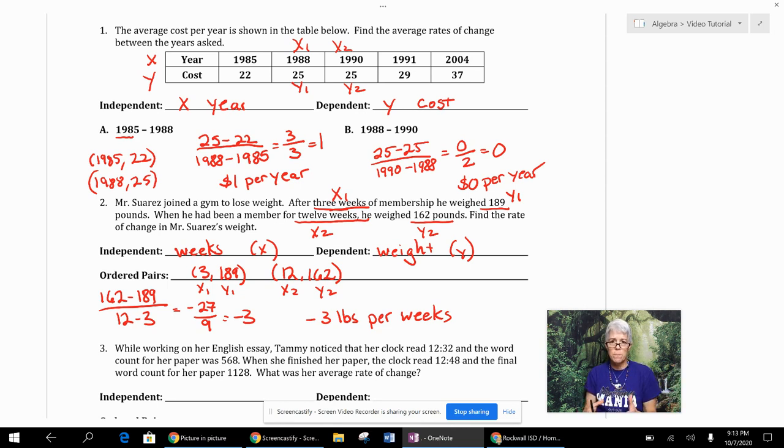So if I didn't put negative 3 pounds, I could say that Mr. Juarez is losing 3 pounds per week. So that would also denote that there's a negative there. So just keep that in mind, because if you just said 3 pounds, you need to say, well, 3 pounds what? Gaining 3 pounds, losing 3 pounds. You need to make an indicator of what is it.